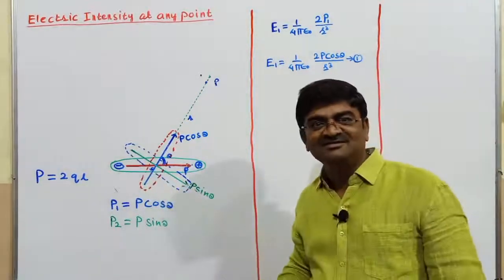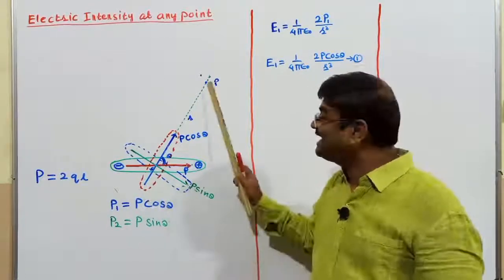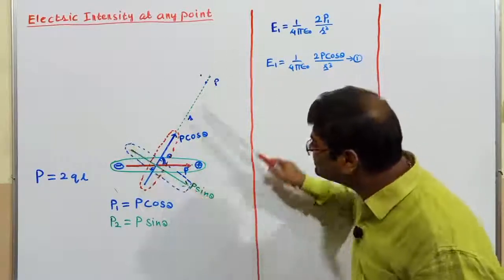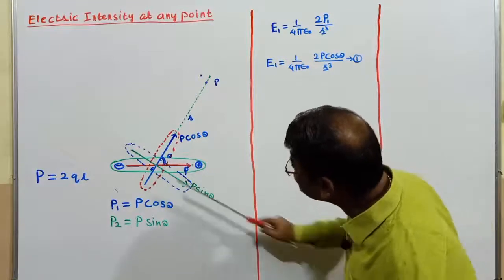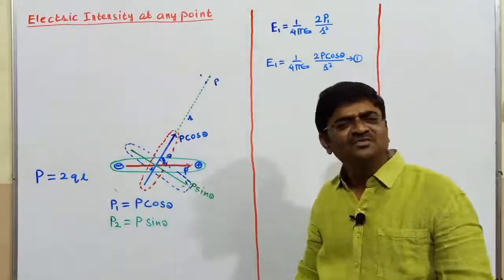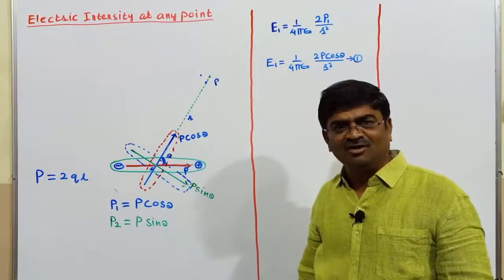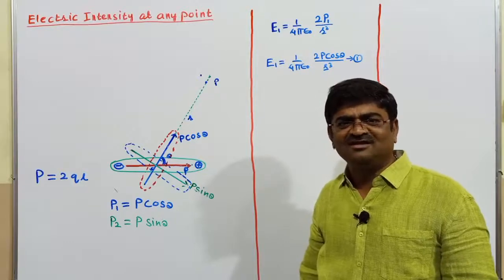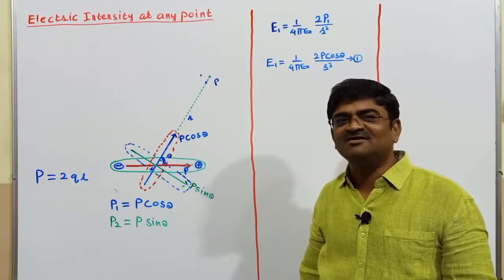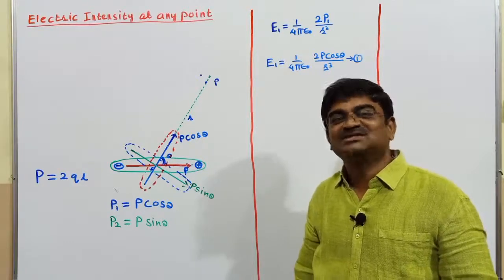You can very clearly see P is on this line, perpendicular to the axis, the equatorial line. I know how to work out electric intensity on the equatorial line of the short dipole.